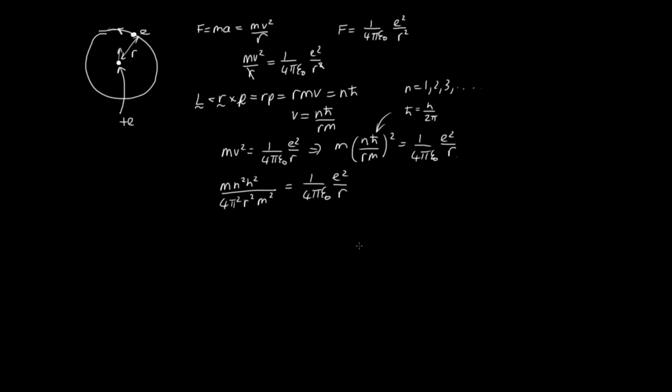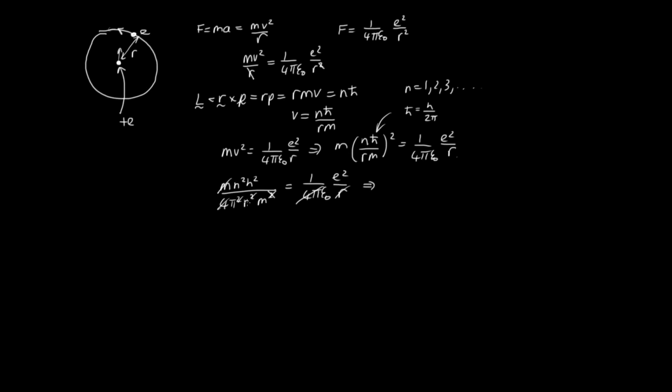Now we're going to rearrange this for an expression for r, but before we do that, let's cancel out as much as we can. We've got an m on the top and an m squared on the bottom, so that cancels out to a single m. We've got 4 pi squared here and 4 pi here, so we're just left with a pi on this side. We have an r squared here and an r here, so one r will cancel with one r.